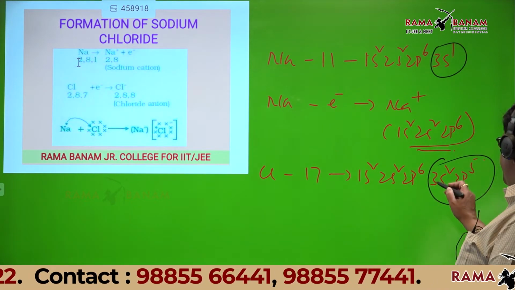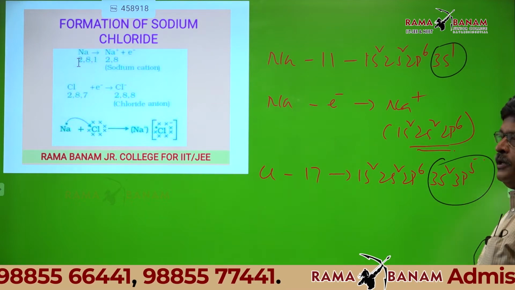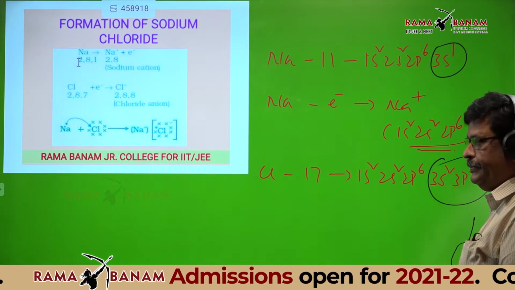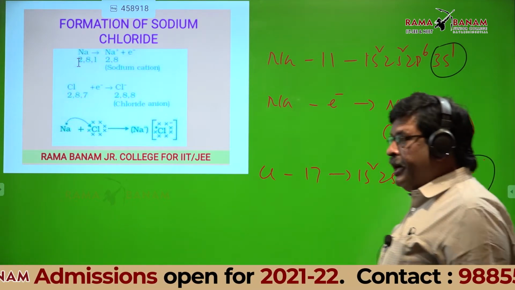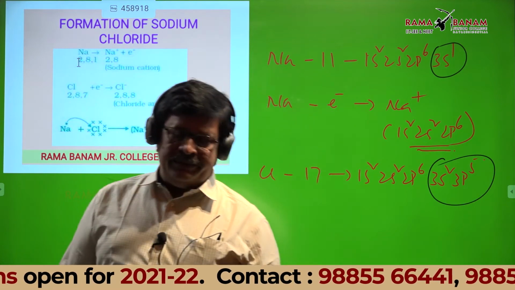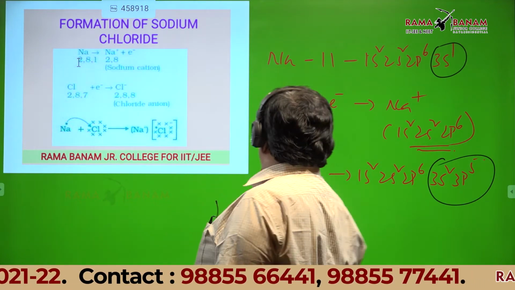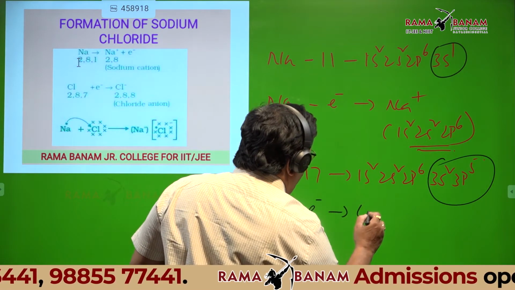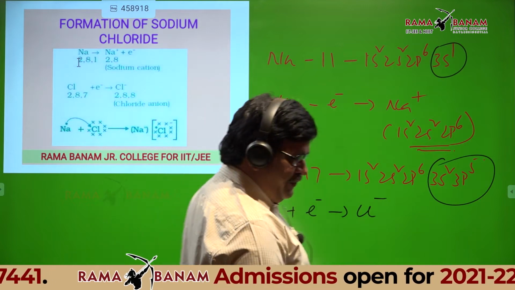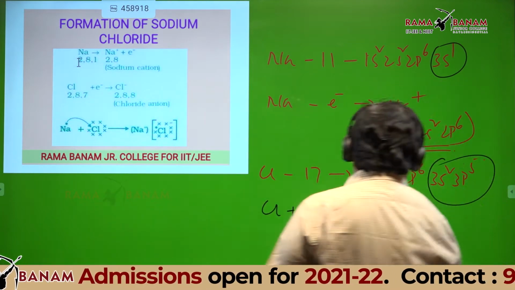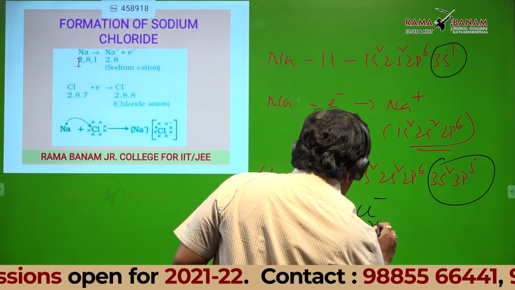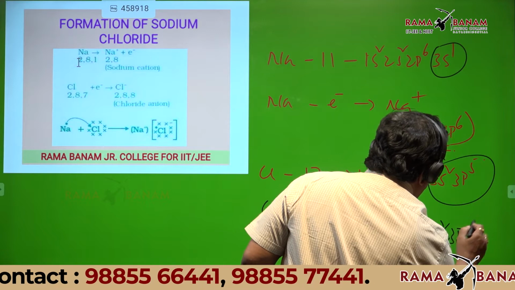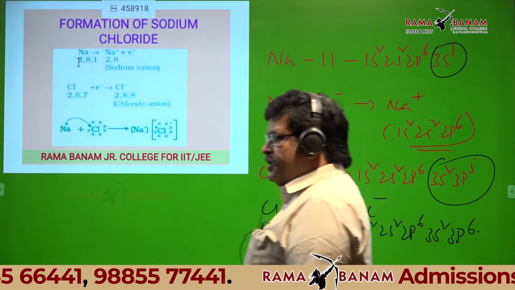The outer valency shell is the third shell. So how many electrons are there in the valency shell of chlorine? How many does it require to attain octet? So the chlorine atom gains one electron and converts into chloride ion. The chloride ion configuration is 1s2, 2s2, 2p6, 3s2, 3p6. Is it okay, students?